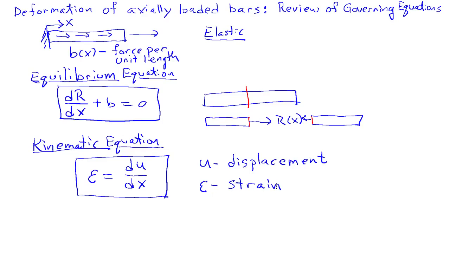Okay, I might as well put it up over here. R is internal force. Okay, so these are the equilibrium equations and the kinematic equations, and these hold true no matter what type of deformation you have. It doesn't have to be elastic at this stage.